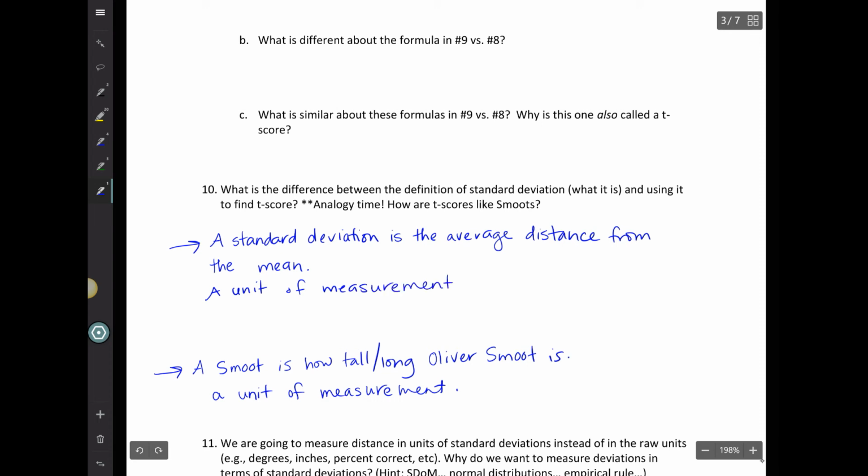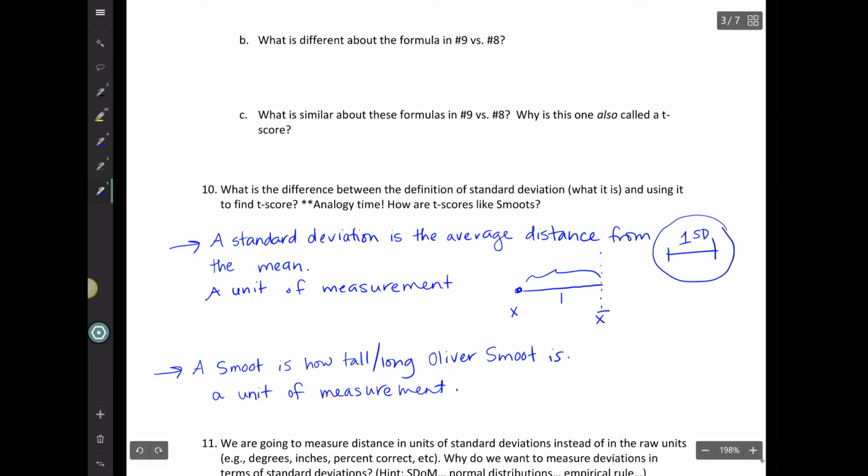So we identify, okay, how long is one standard deviation? And then how many of those are going to fit between whatever point I'm interested in and the mean of that sample. So we're saying, okay, there's a certain distance between the mean and the data point, right? We're saying now, not only how big is this distance, but how big is it in terms of how many standard deviations will fit in that distance?